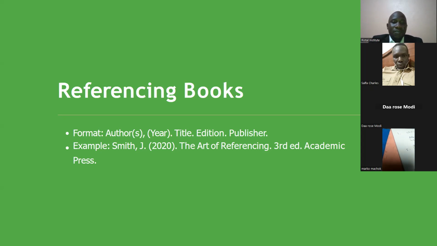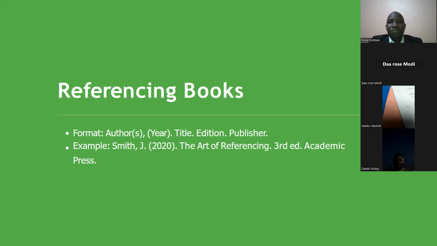So my last name in that case will be Lokiri, and then the M and B will be initials, and you need to put them there. So you write the last name, then the initial of the first name, then the year, then the title of the book, the edition, and then the publisher. Okay, that is in the reference list.